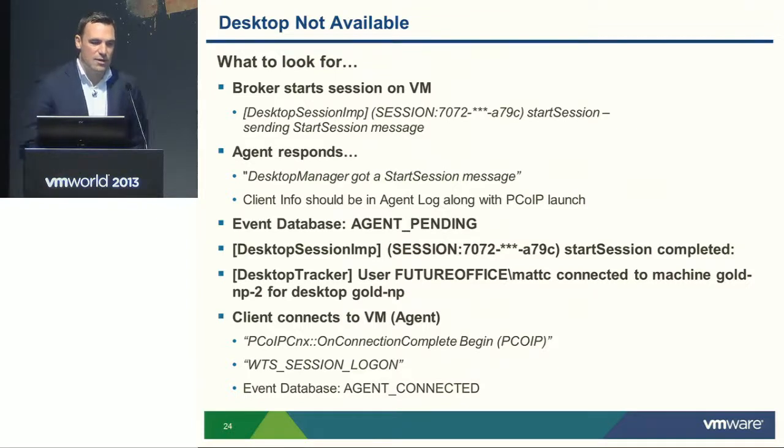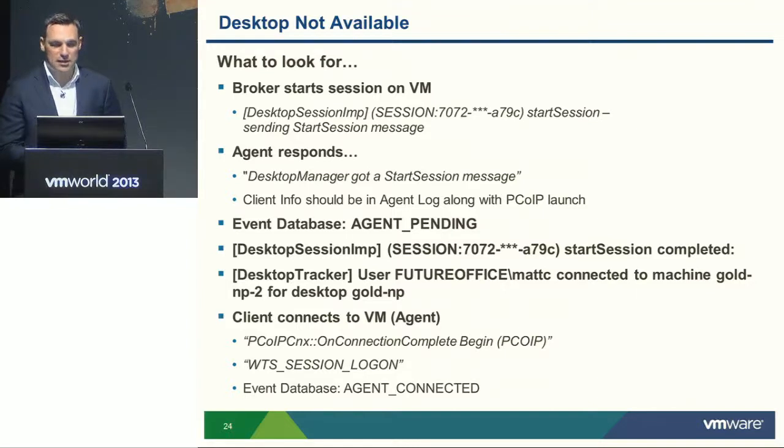And you'll see that in the event database, when the session starts up, you'll see this agent pending, and you'll see that this start session has been completed, and then you'll see another log event from the desktop tracker that the user is now connected to that particular desktop.